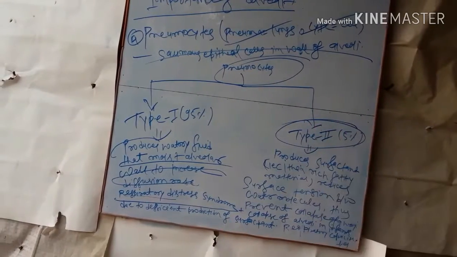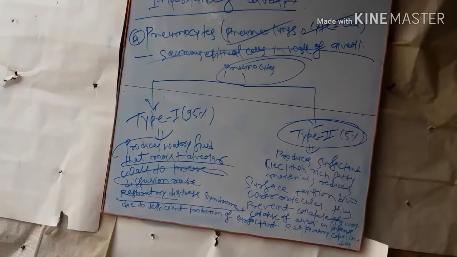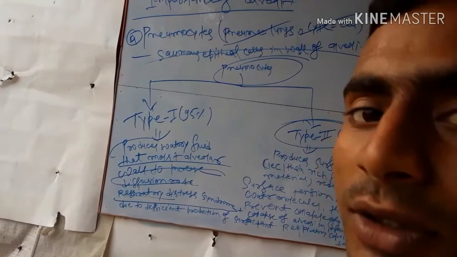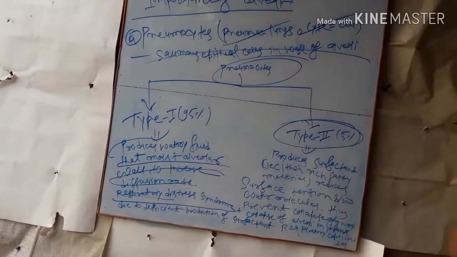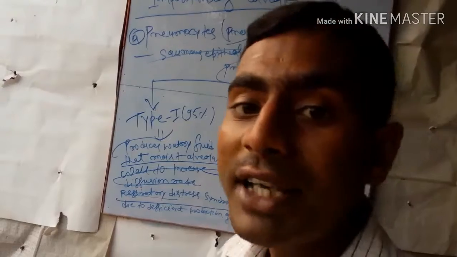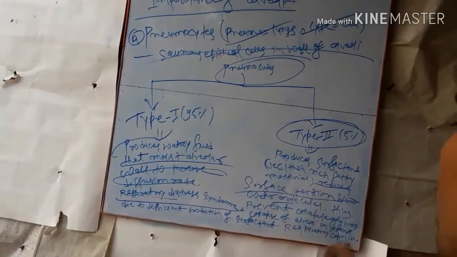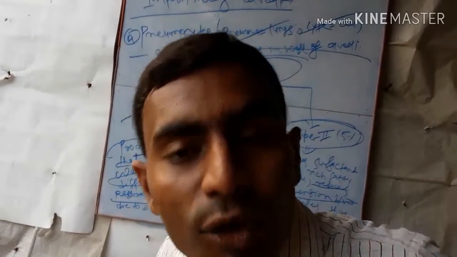And type 2, present 5%, produces surfactant, a lecithin-rich fatty material that reduces surface tension between water molecules, thus preventing collapse of alveoli.